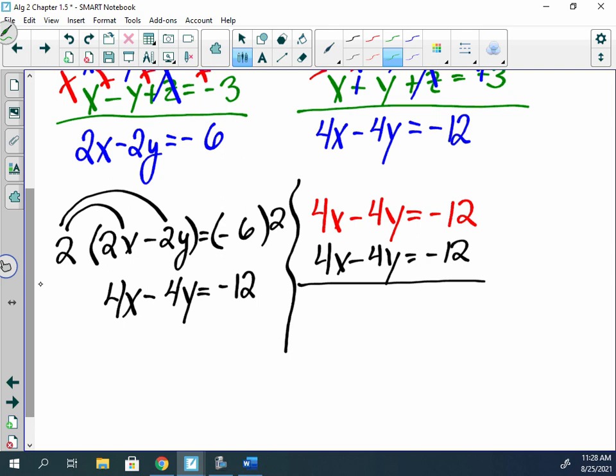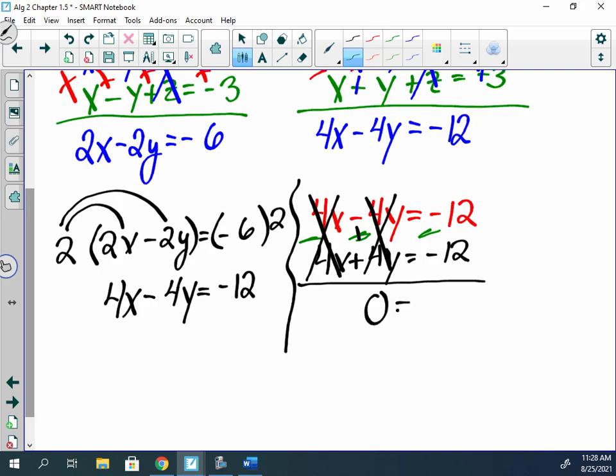Would we add these or subtract these? Subtract because the signs are the same. 4x minus 4x is 0, like we wanted. Negative 4y minus negative 4y. Well, the negative and negative make a positive. Negative 4 plus 4 is 0.